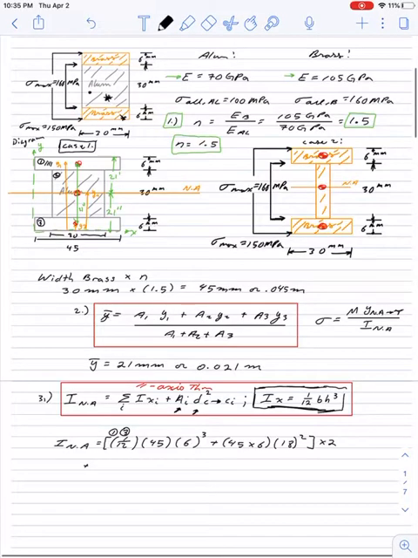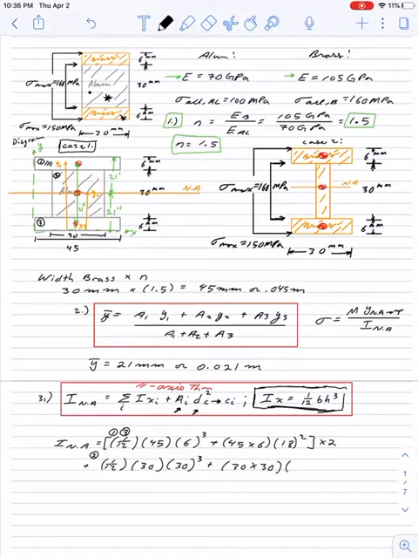Now we're going to add that to member number 2. Again, it's a rectangle, so its moment of inertia is 1/12 base times height cubed. The base of the middle is going to be 30, and the height is 30, plus 30 times 30, and the distance between the centroid of the middle member and the neutral axis is 0. So this is going to be 0 squared.